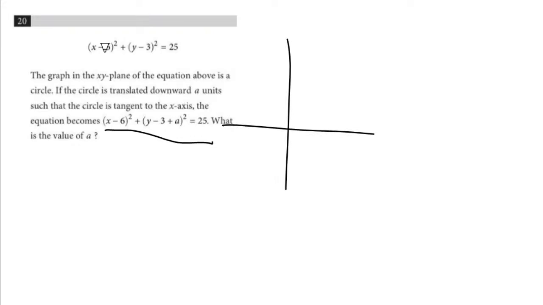We know the usual equation is (x minus x1) squared plus (y minus y1) squared equals r squared, where x1 and y1 are the coordinates of the center.